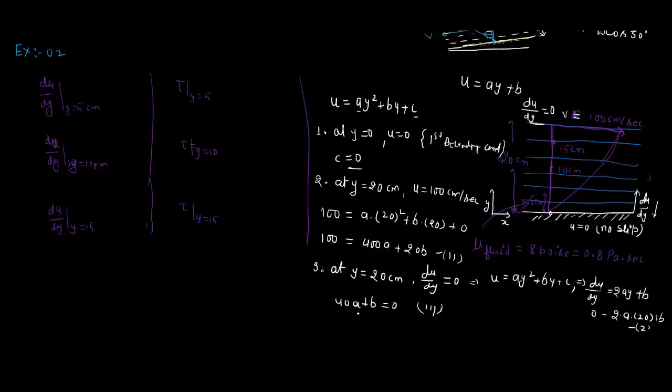By the use of equation 2 and 3, solving these, I'm getting a equals minus 0.25 and b equals 10.